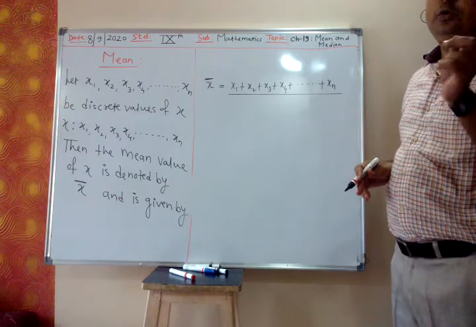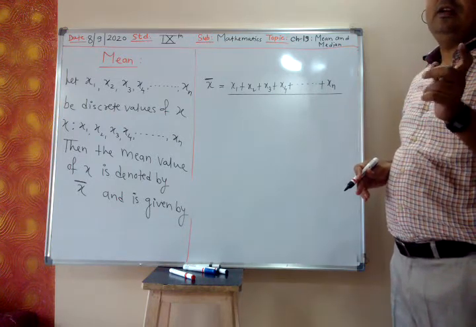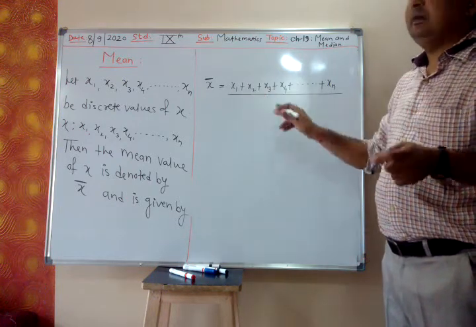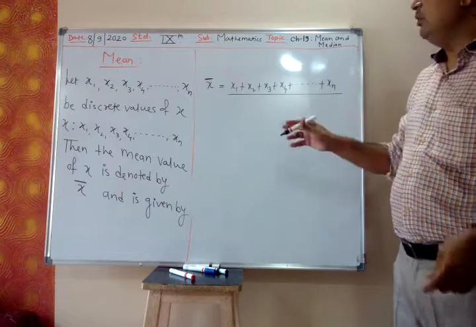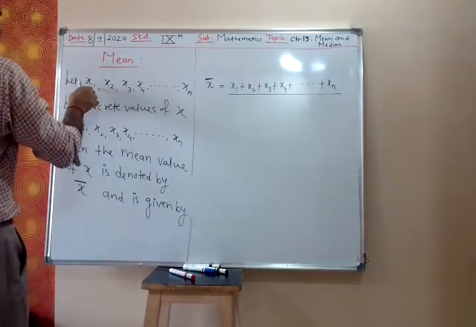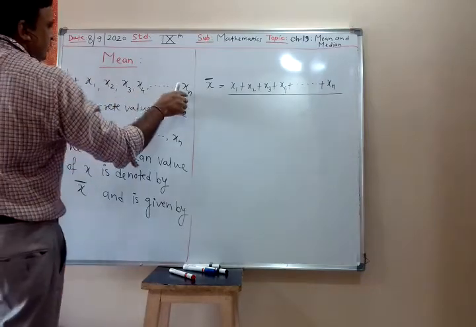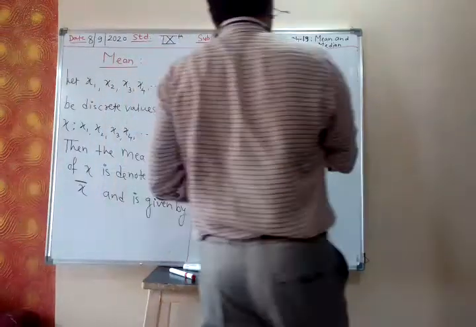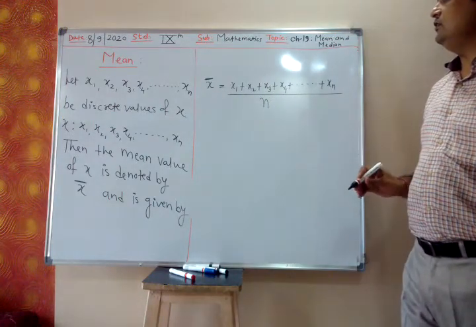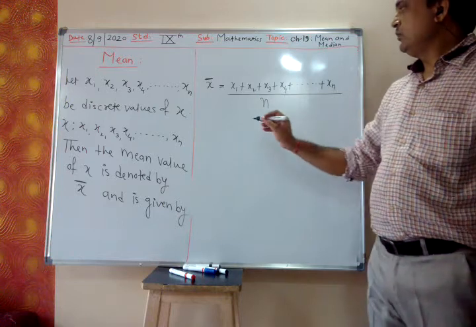Then we divide this total by the total number of values given. How many values of x are given? 1, 2, 3, 4 up to n. N values are given. So we divide by small n, where small n is the total number of values given.